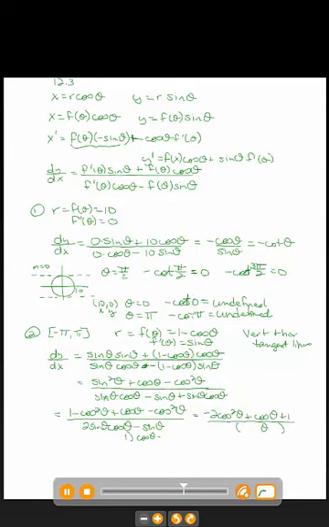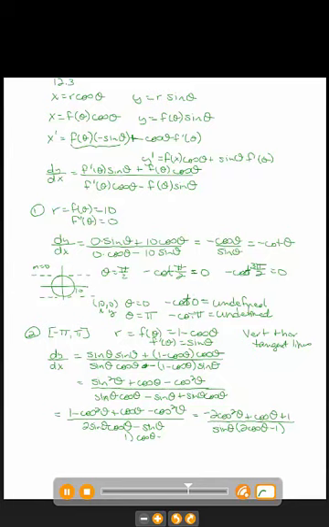On the bottom, I could factor out a sine. It'd be nice if something canceled here, but I don't think anything's going to cancel. I'm going to get left with a 2 cosine minus 1. Yeah, this isn't going to be pretty.